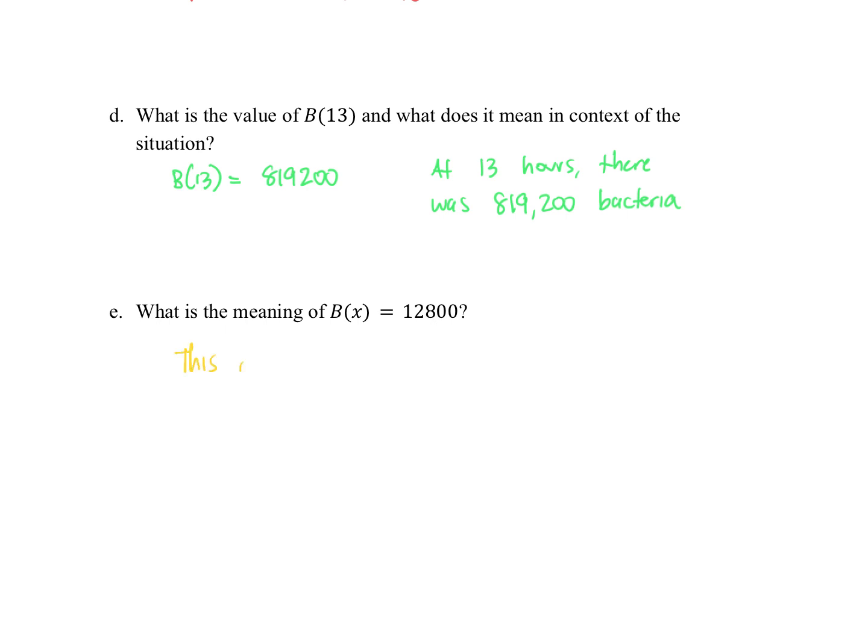So this means the number of hours needed, we don't know what it is, and we could figure it out if we needed to, to have 12,800 bacteria. Not asking you for the answer. I'm just asking you, what does it mean? The number of hours required to have 12,800 bacteria. Okay, so now you're going to practice this in a few different situations and see what we come up with.